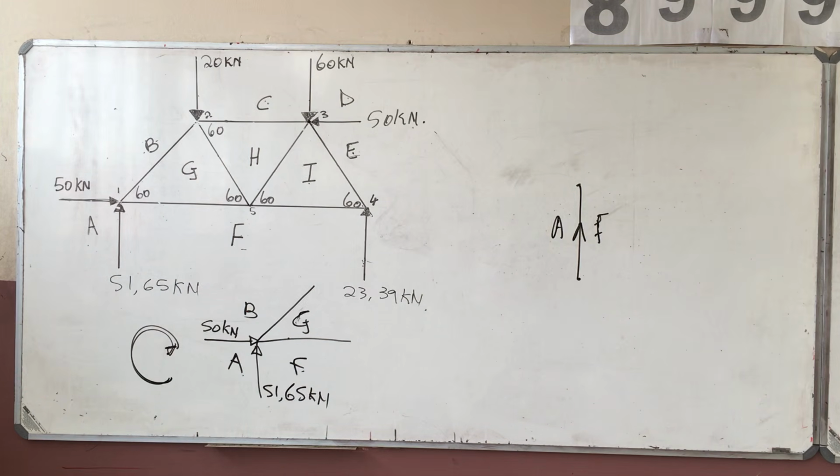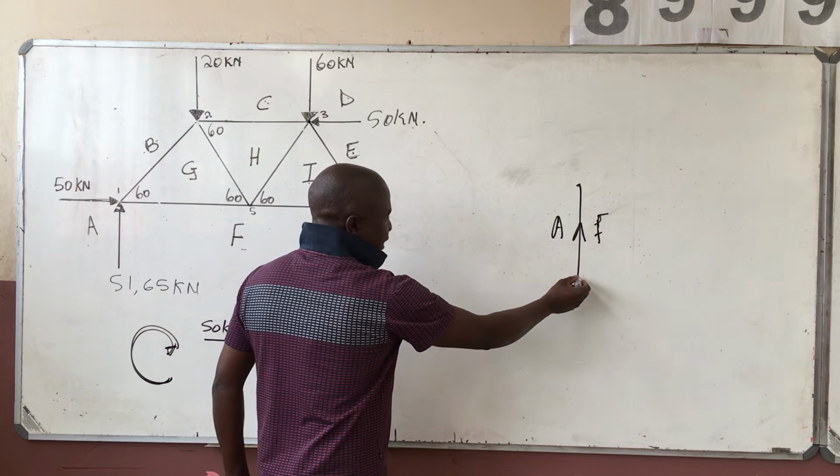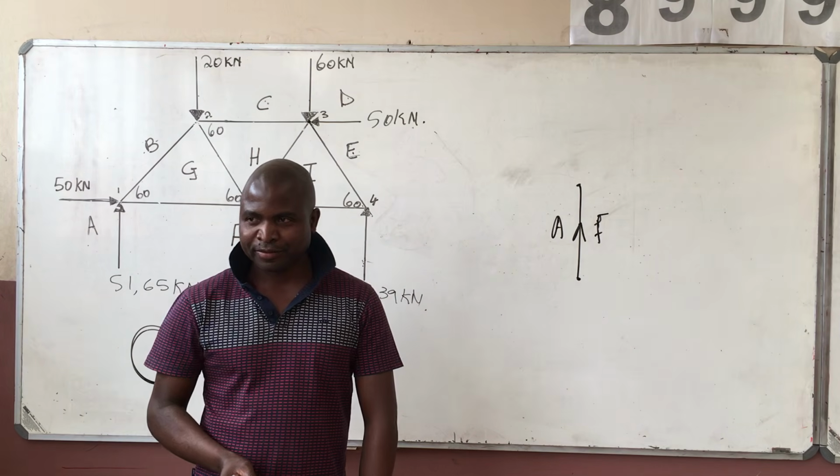We know the magnitude of it. As we draw, it goes in the upward direction. So I want to know between the top part and the bottom part, which one is F? The bottom part is F. Why would we say this one is F?